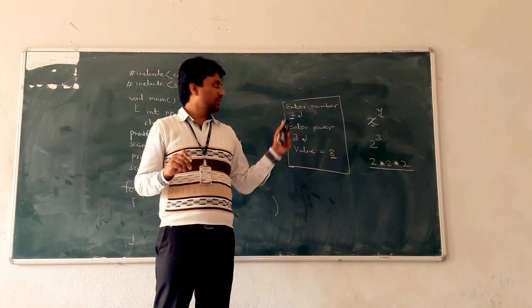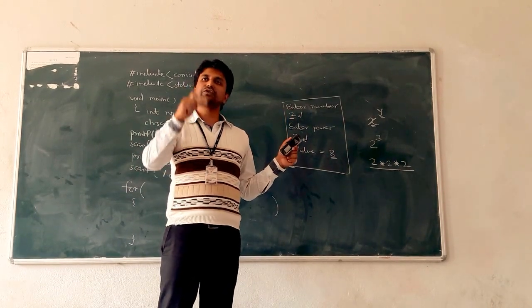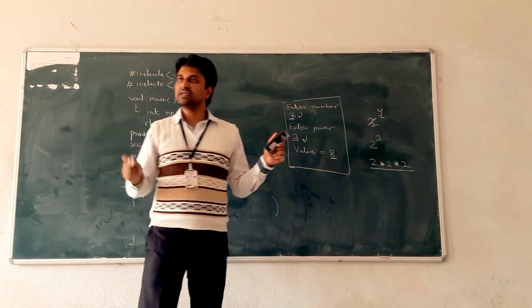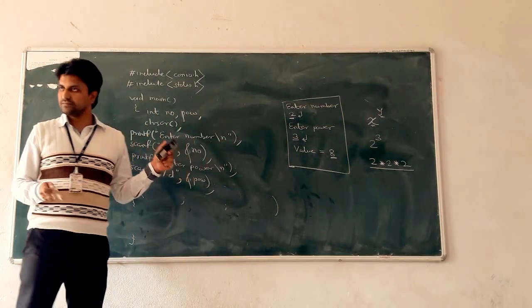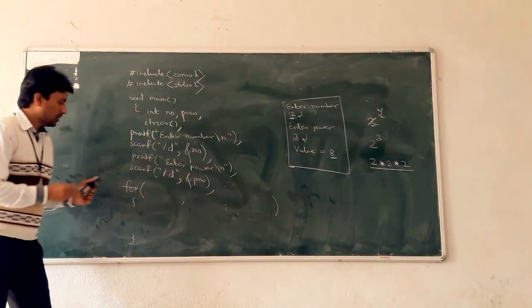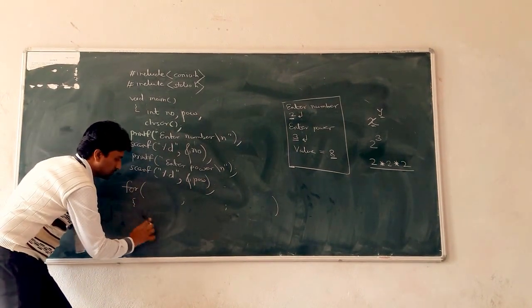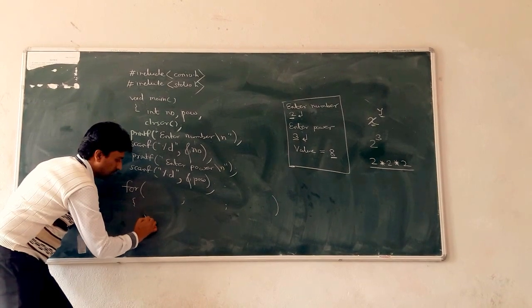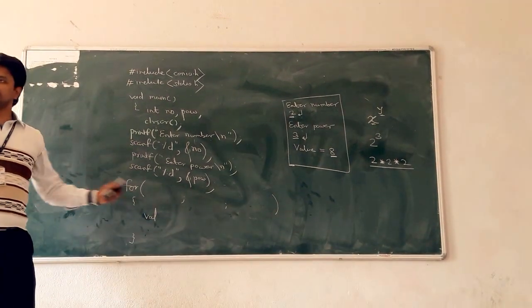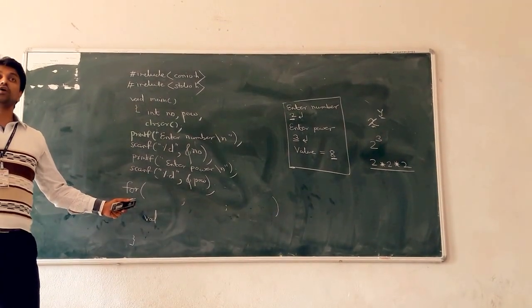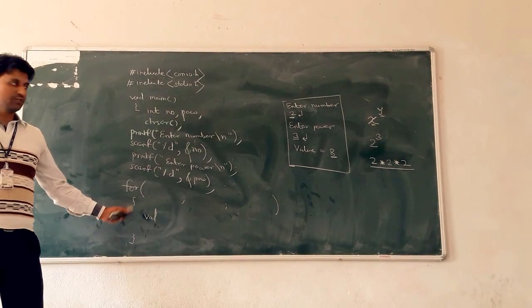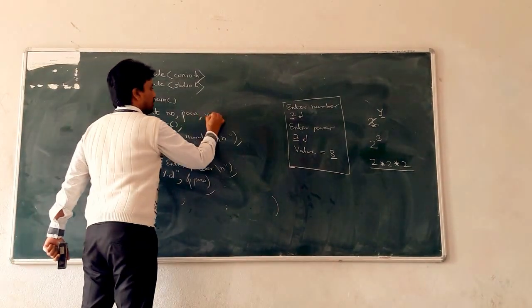You want to multiply 2 into 2 into 2, means 2 is multiplied by itself 3 times. Clear? So take one variable, suppose value. Value is a variable where you want to store the whole result. Okay, so declare value.